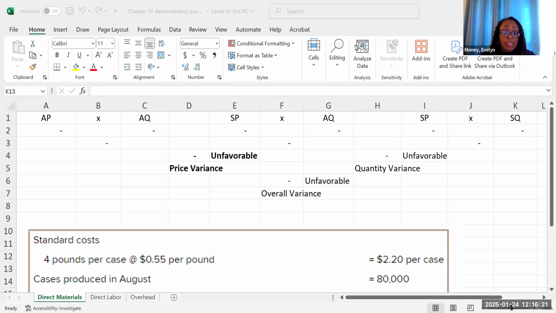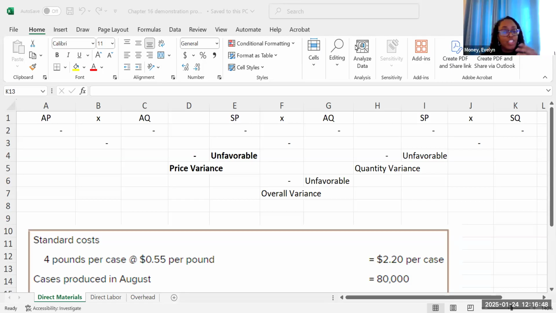In variance analysis, we look at the difference between our actual product cost, actual price, and our actual quantity, how much we use. When we perform this analysis, we'll calculate 3 different variances. Usually there is a price variance and a quantity variance, and then we can combine those two to develop what's known as an overall variance.